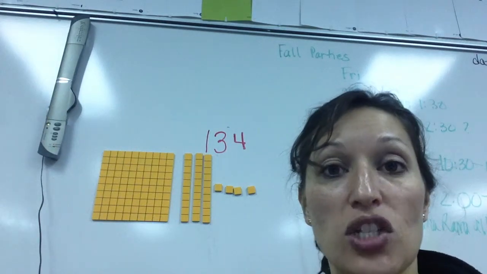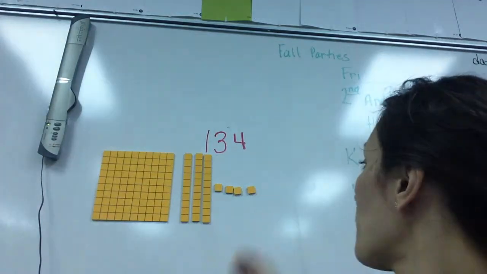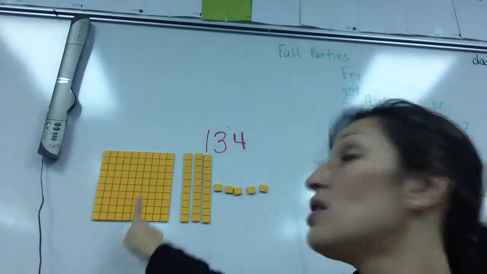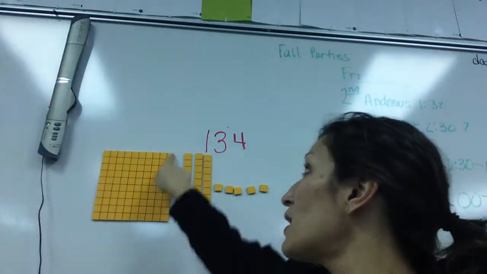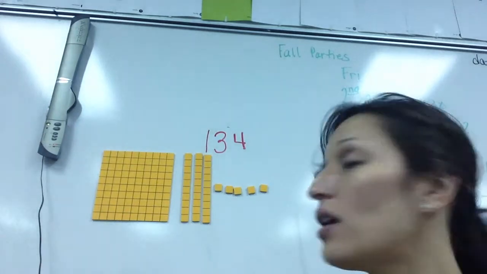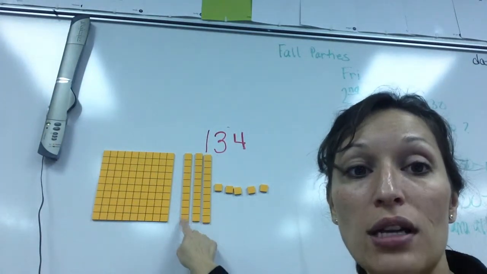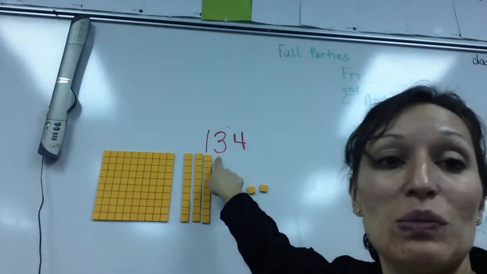Being able to change your number. I'm going to add a 1 this time. I did not change my 100, so this number stays the same. There's still just one square, 100. I did not add any 10s. I still have 1, 2, 3 10s. It still matches.